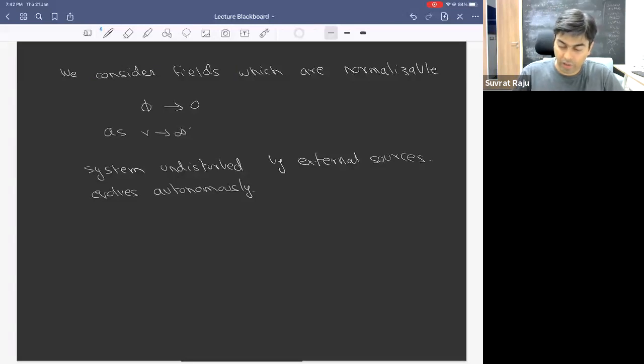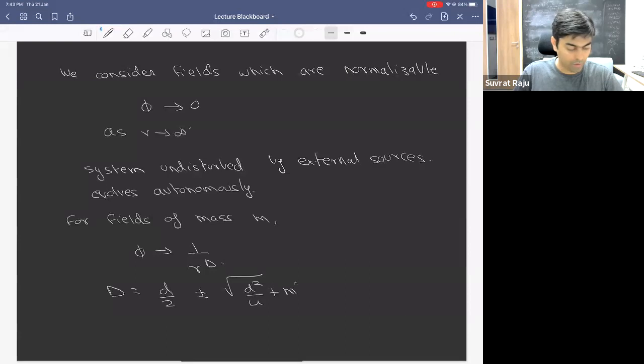It actually turns out that even though I impose the boundary condition that phi goes to 0 as r tends to infinity, for fields of mass m, something else happens. Phi goes like 1 by r to the delta. So it dies off, not just going to 0, but as a particular power of r at large r, where this delta is related to the dimension and the mass of the field in the following way.